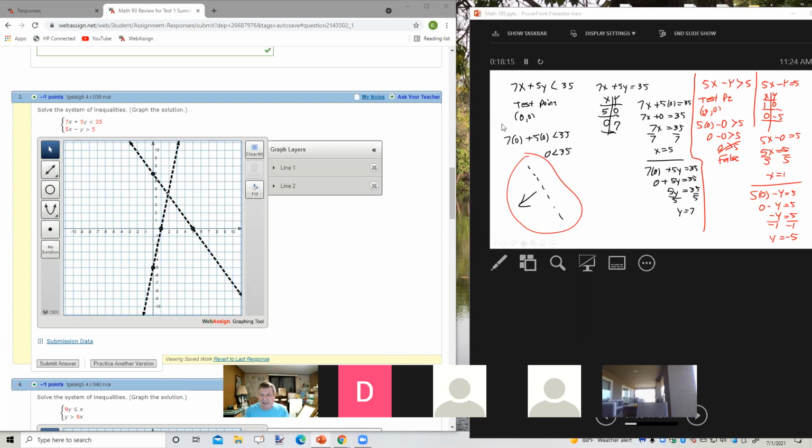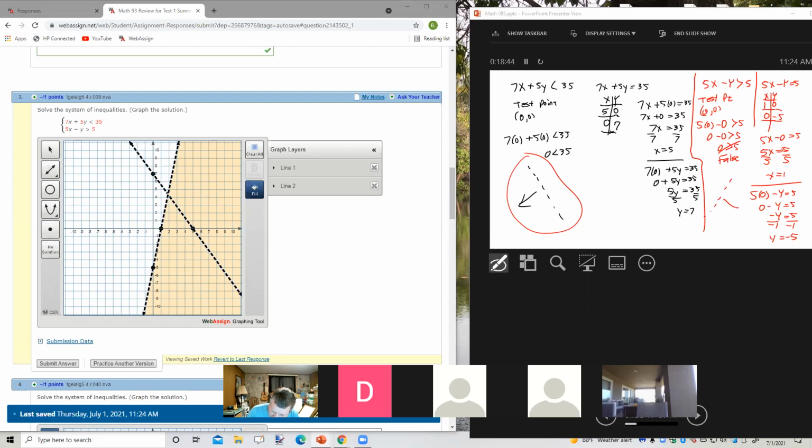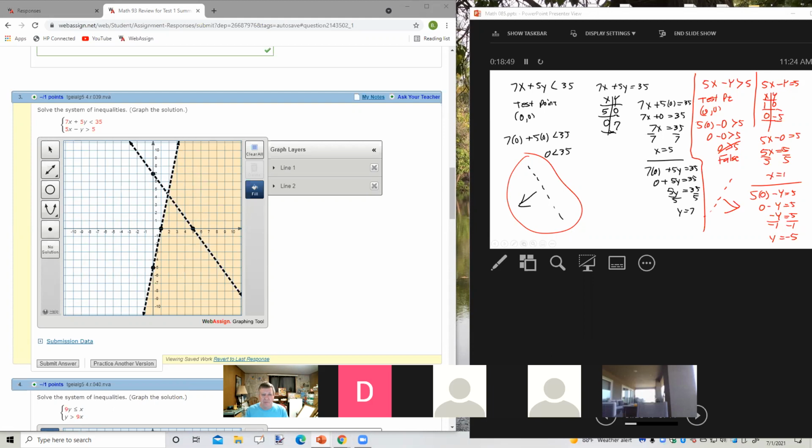So for the second line, which is this one, as I mentioned, I wish there was a way to color code these, but there isn't that I know of. 0, 0 is not good, so it's over here. That's what I would shade for just that second line. I'm going to make a note to myself here. It's going to be below that line.